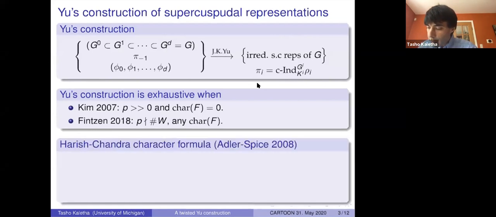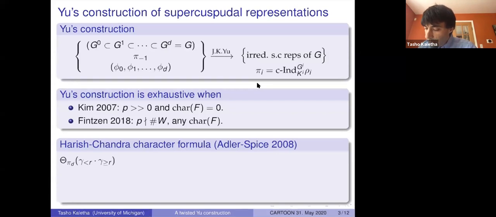And the next result that will be important for us is a formula for the Harish-Chandra character. This was due to Adler and Spice from 2008. And this formula, so I think in Gilin's talk, there was some discussion of the Harish-Chandra character distribution, and that it's represented by a function. And so this gives a formula for the values of this function, evaluated at a regular semi-simple element in the group.